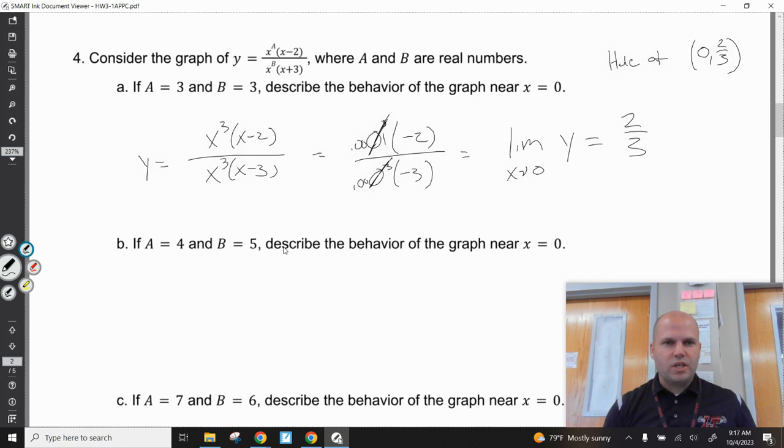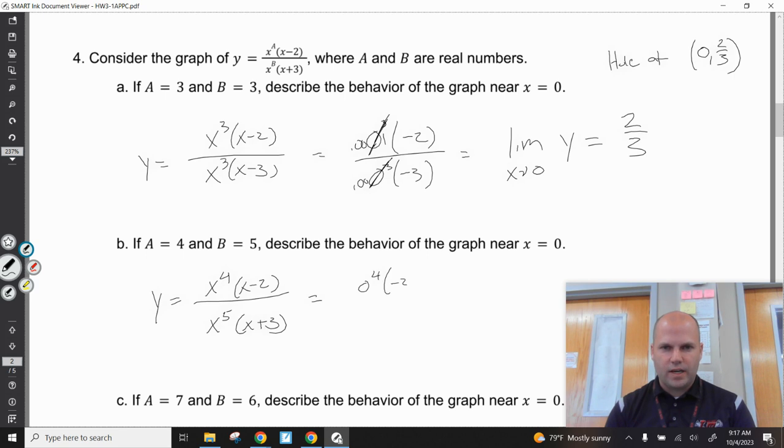Now, if A is 4 and B is 5, let's see how that changes things. Now, we still can't plug in 0 because we'd get a 0 in the denominator, but you would get something very close to 0 to the 4th over -2 and something close to 0 to the 5th over -3. Now, 4 of these very small numbers to the 4th will cancel with 4 of these very small numbers to the 5th.